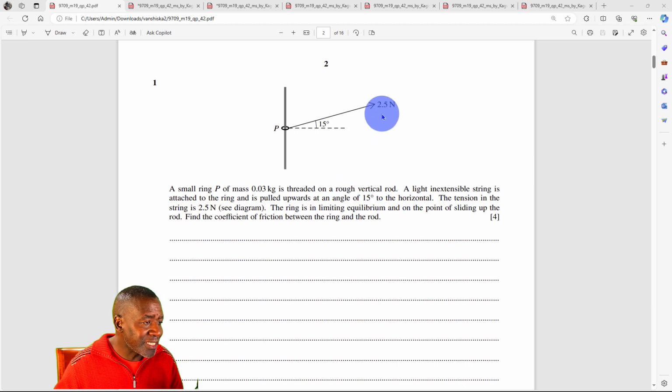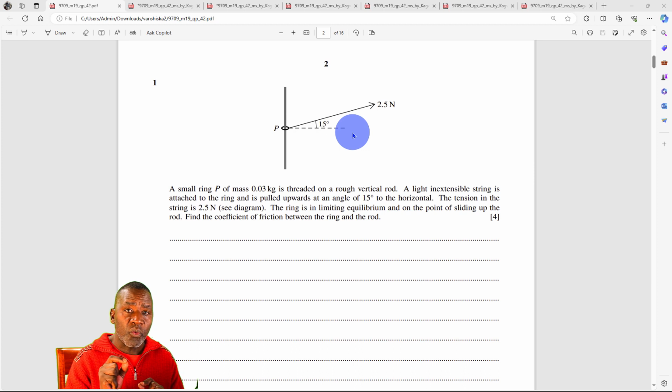This force is inclined at an angle of 15 degrees to the horizontal. Remember, when a force is given and it is not in any of the two standard directions, what do I mean by standard directions? Standard directions are horizontal and vertical. Those are standard directions.